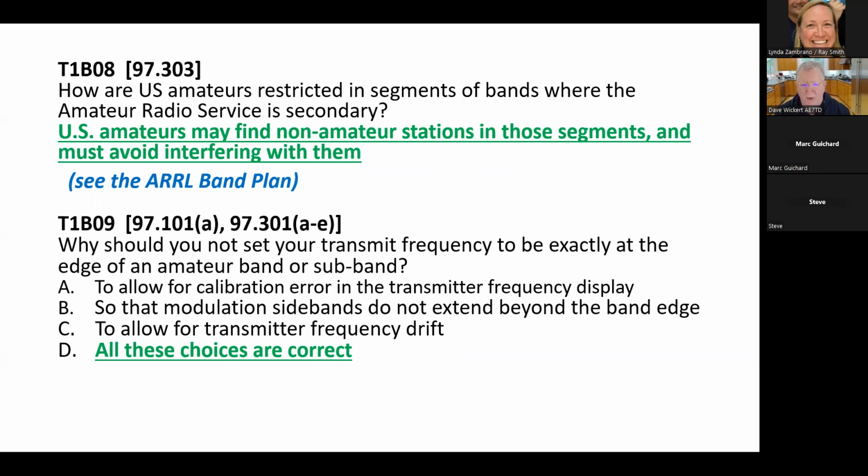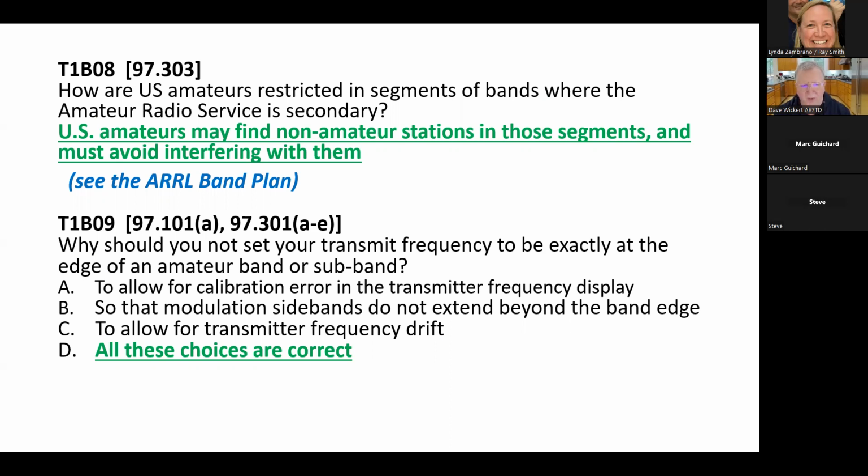The only difference is in most of our amateur radio allocations, we are primary only and we don't share it with anybody else. That's because we're considered to be a little bit more public. But for most of the other frequencies, there are primary, secondary, and tertiary users that have been assigned. Sometimes that's the military. Sometimes that's business band radio. There are all kinds of different users of the segments.